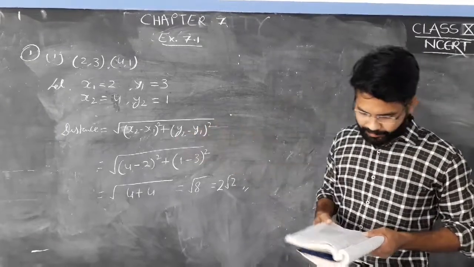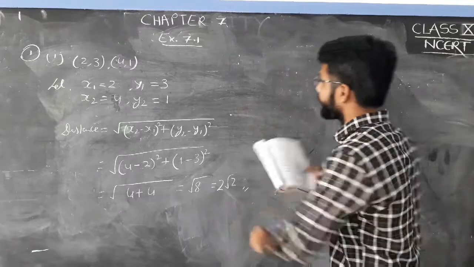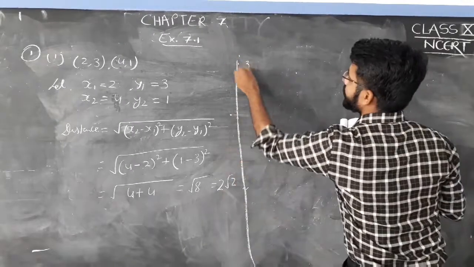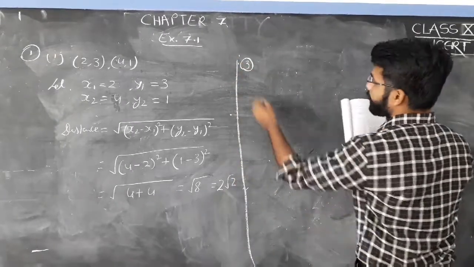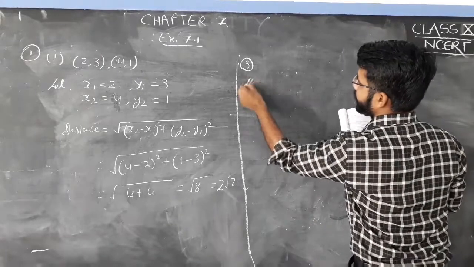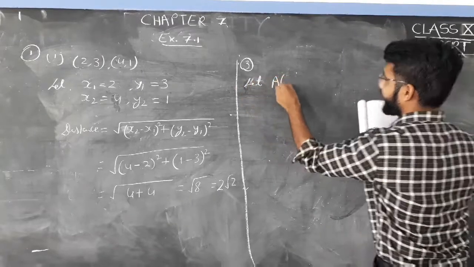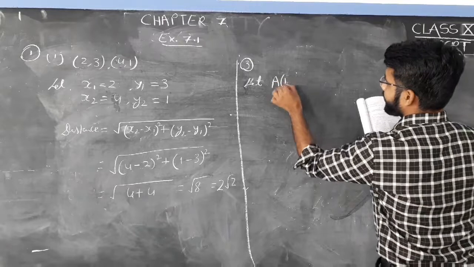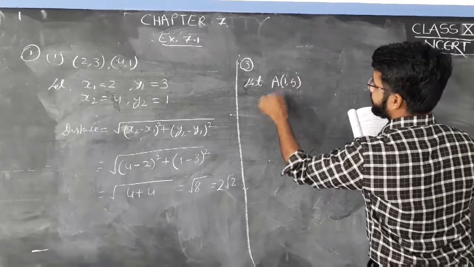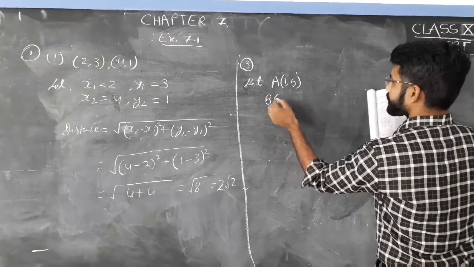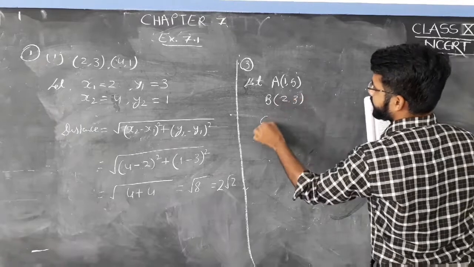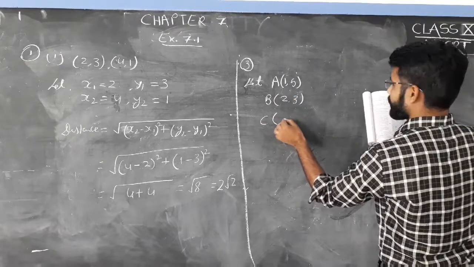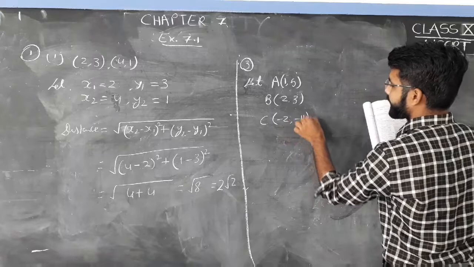Let's move to question number third. We have 3 points. Suppose point A has coordinates 1, 5, point B has coordinates 2, 3 and point C has coordinates -2 and -11.